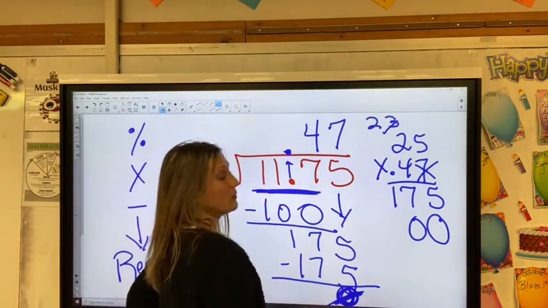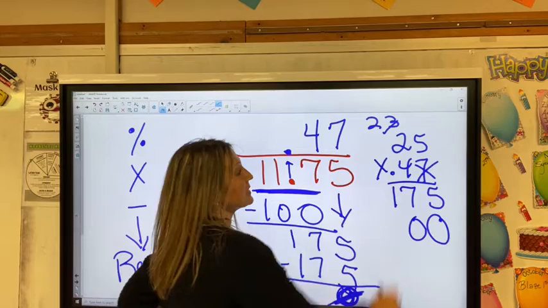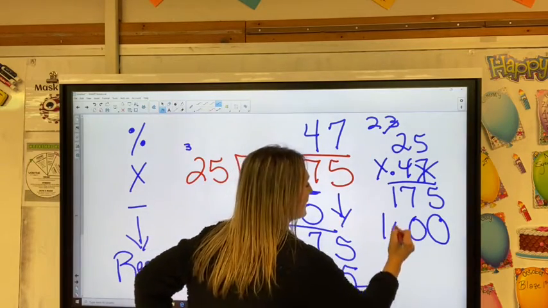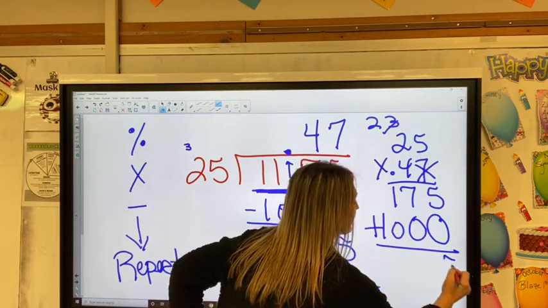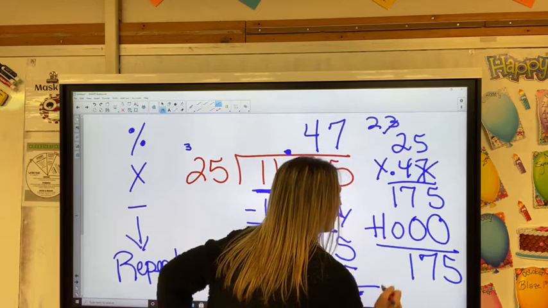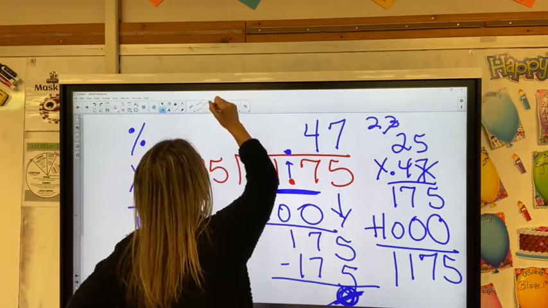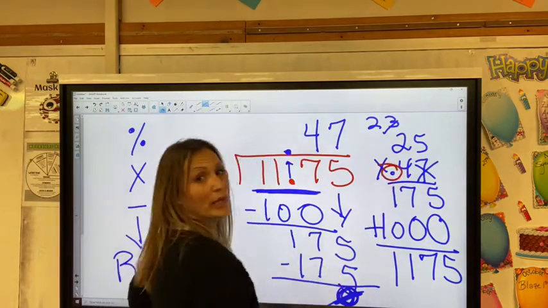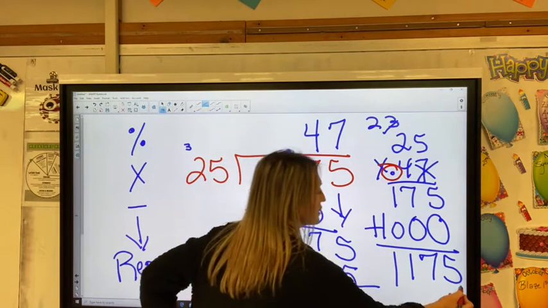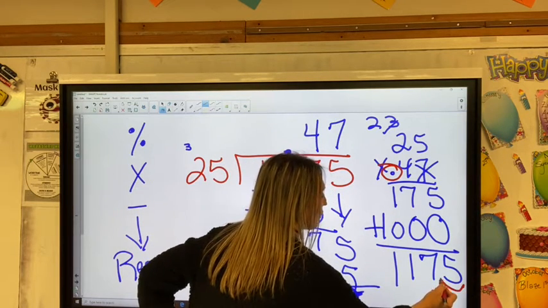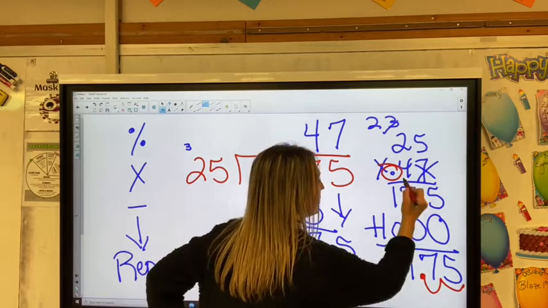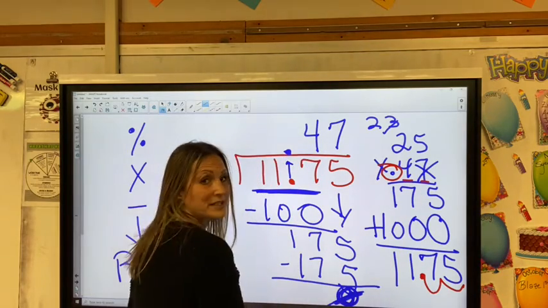Regroup my 2. 4 times 2 is 8. Plus 2 is 10. And I add them all up. 5, 7, 1, 1. I look for my decimals. There's only 1 in my problem. I start at the back and I move it over 1, 2 places because there's 2 places behind the decimal.